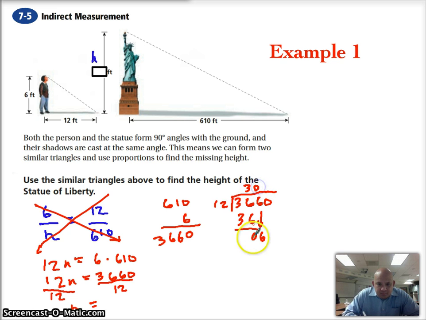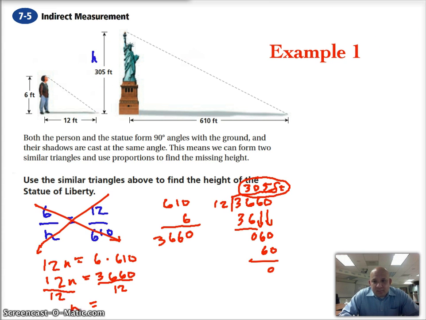Zero times here. And 5 times here. 5 times 12 is 60. No remainder. Our answer is 305 feet. Let's go ahead and reveal the answer here. The actual height is 305 feet.